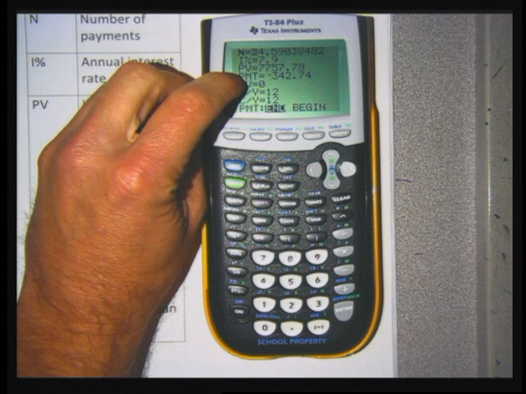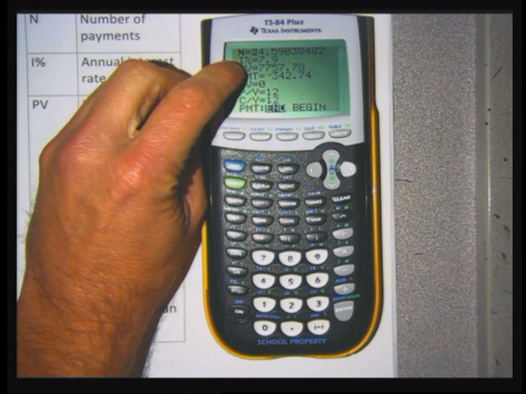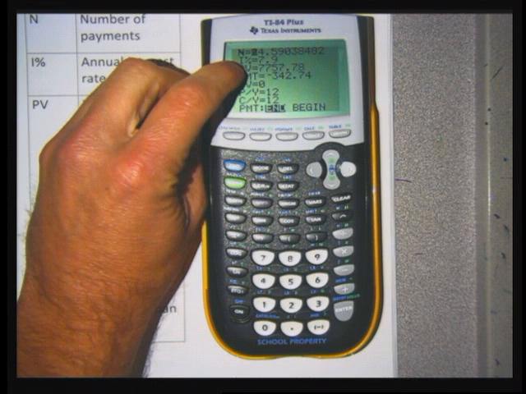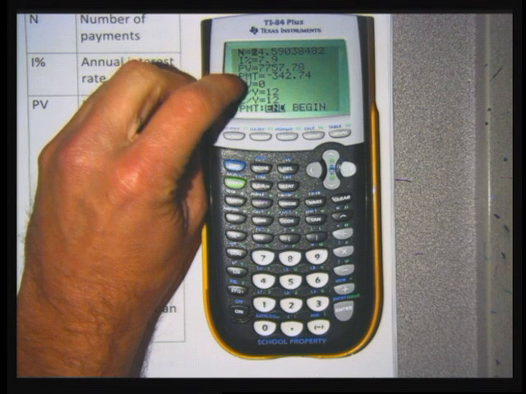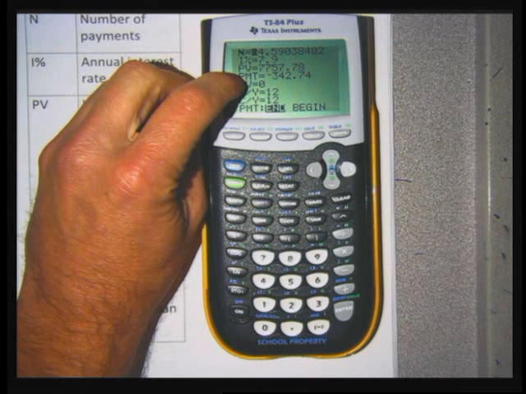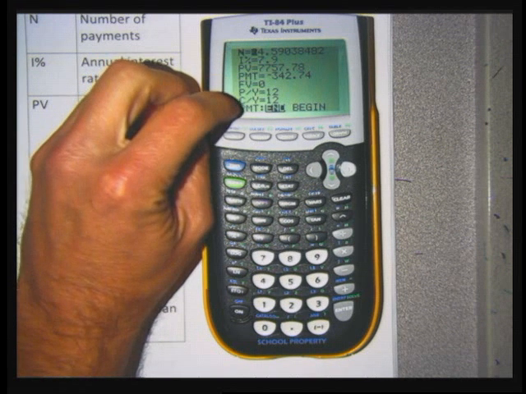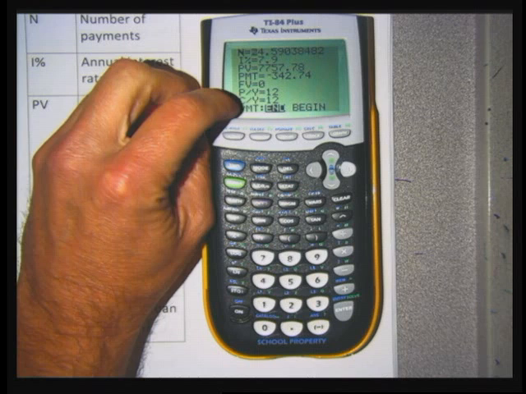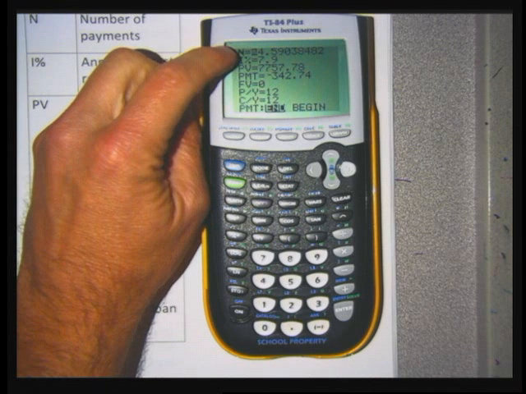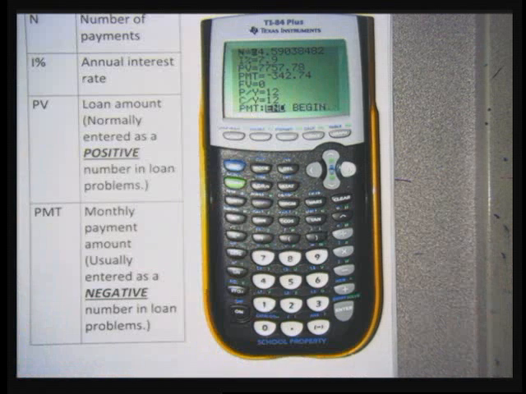This problem that I was probably solving is I owed $7,757 on a car loan. I'm paying $342 a month, 12 times per year. How long is it going to take to pay off, and N is the answer. It's 24 months. So I think that's probably the problem that I was solving, or something similar to that.